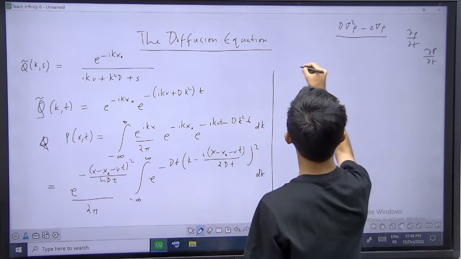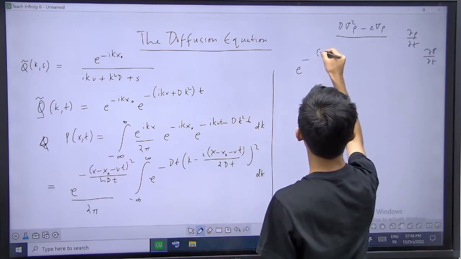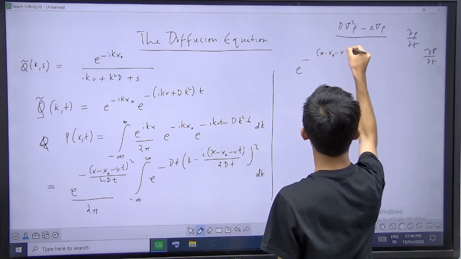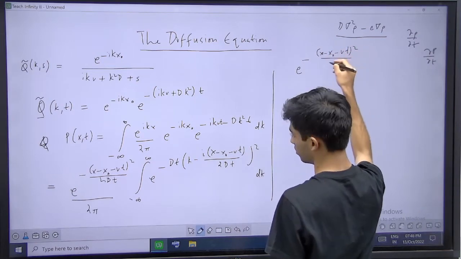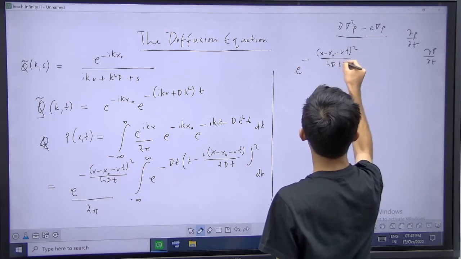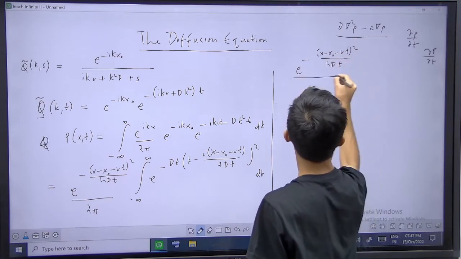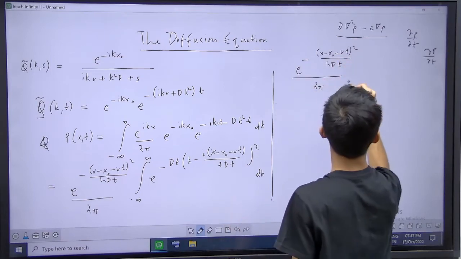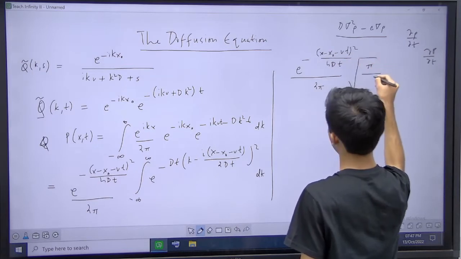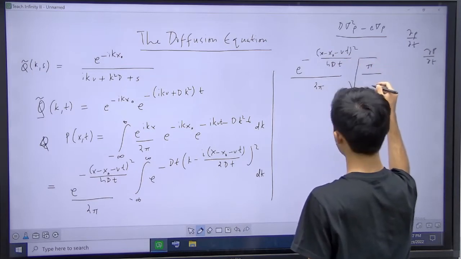So we have e raised to minus x minus x naught minus dt square over 4 dt over 2 pi times this is simply pi over dt.